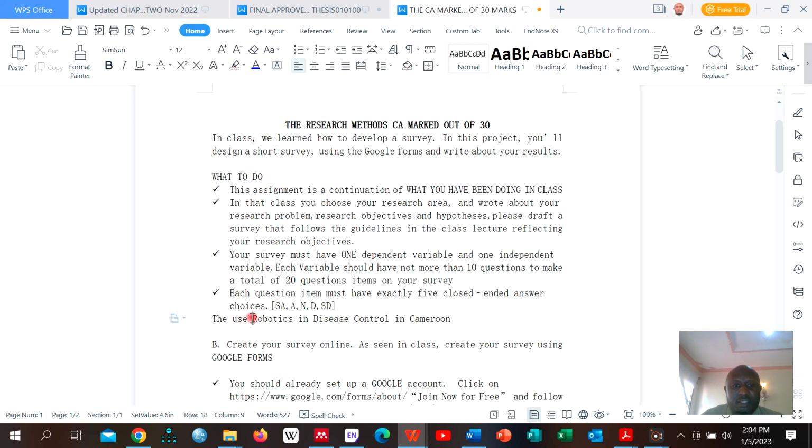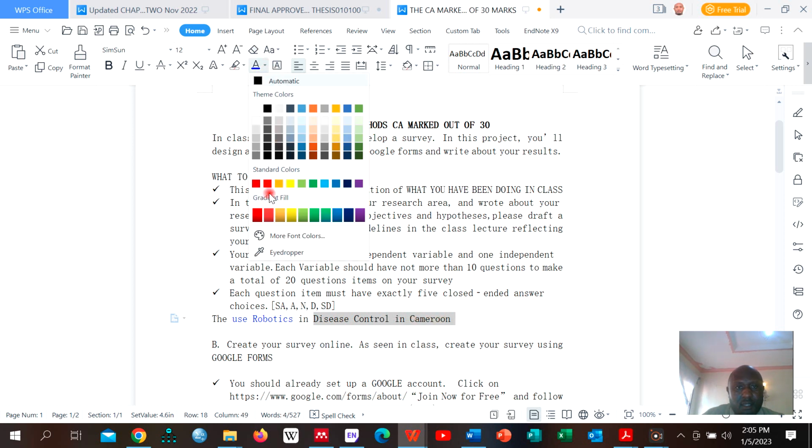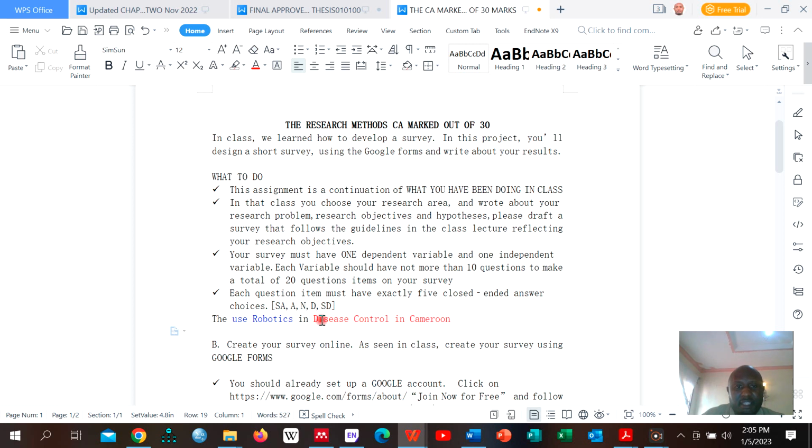So in this case, use of robotics is our independent, and it influences disease control in Cameroon, which is our dependent, meaning that disease control in Cameroon is the dependent variable, and use of robotics is the independent variable.